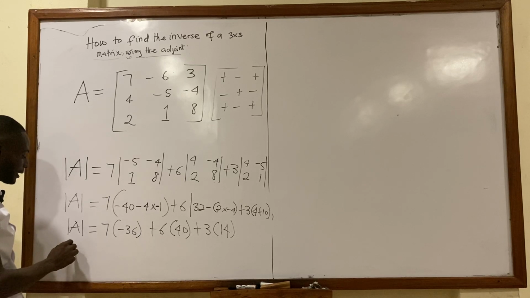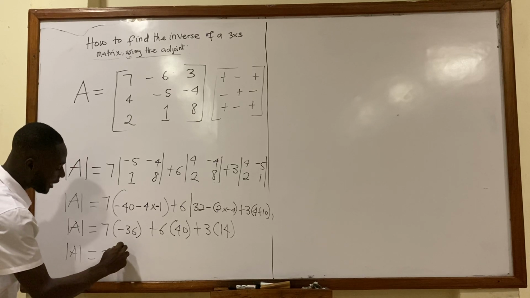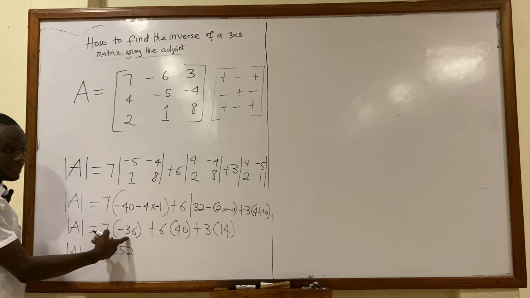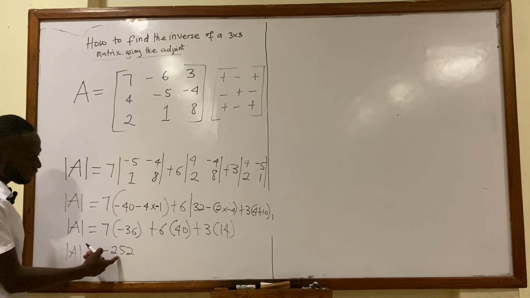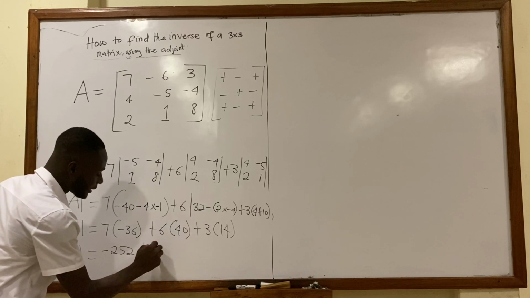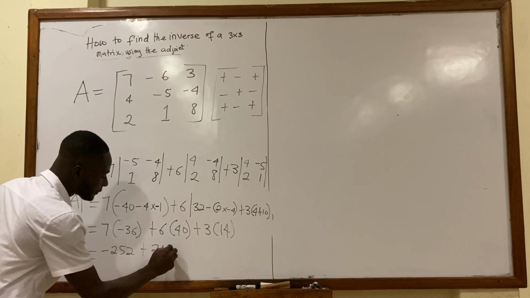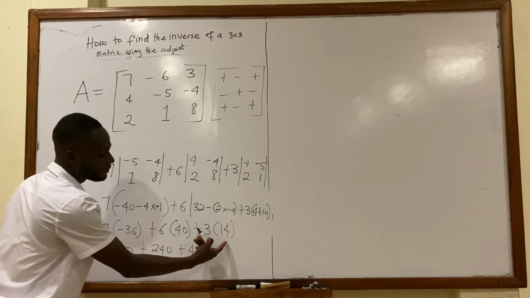So the determinant of matrix A is equal to minus 252, 7 times 36, but we have a negative on the 36, so minus 252, plus 6 times 40, that's 240, plus 42, that's 3 times 14.